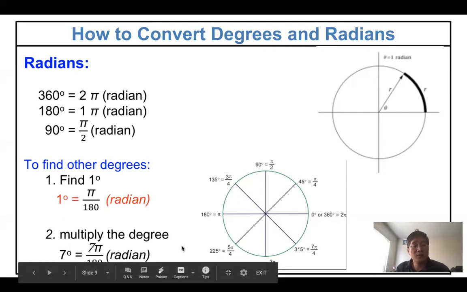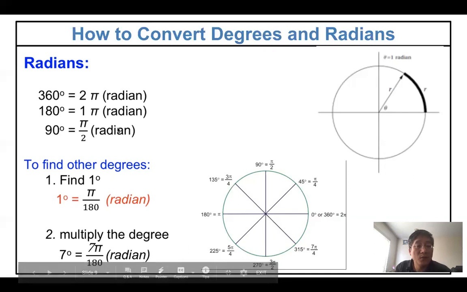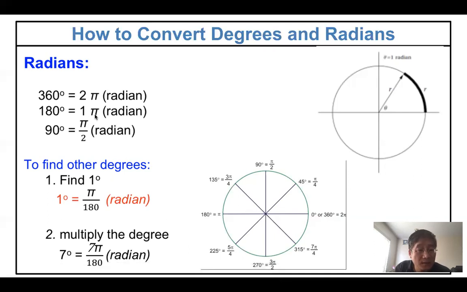How about when you start from the radian? Radian is the same thing. How do you get 1 radian? You divide by pi on both sides, right? So 1 radian is 1 pi divided by pi, which is 1.